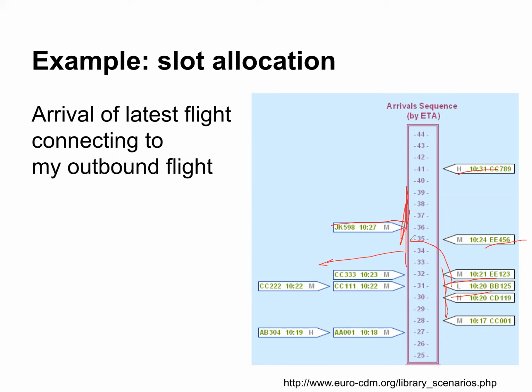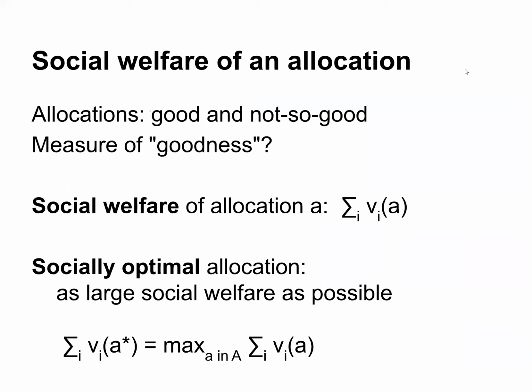Remember the TNFL 07. So then you not only care about your own slot, but you also care about the arrival of one of these flights from which you have the connecting passengers. Again, that's just an example when your valuation may depend not only on your own resource, but also on what others got. Just examples. Let's continue with the definitions.